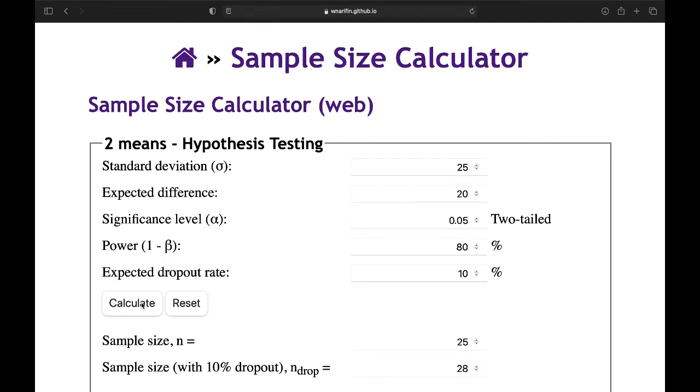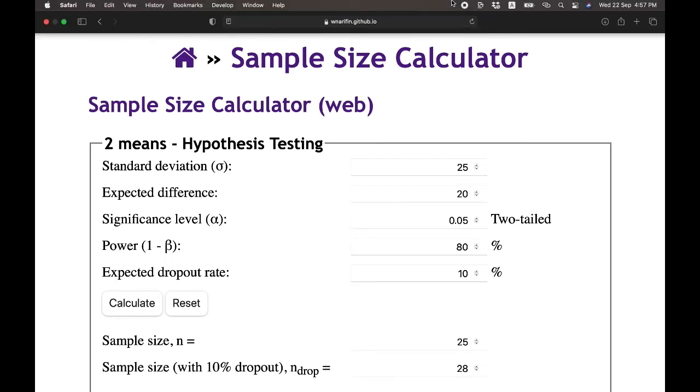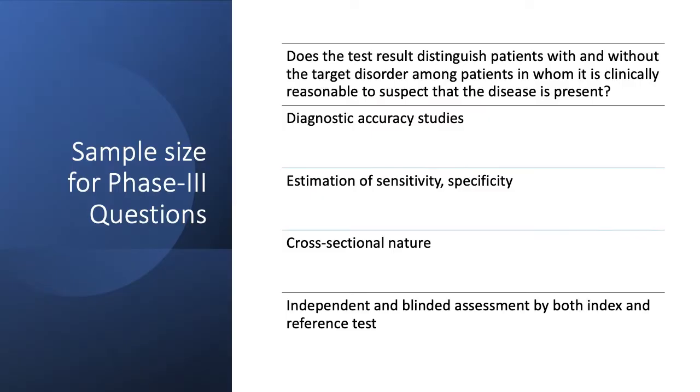Now you have calculators in your hand, and with prior requirements or prerequisites at hand and proper assumptions, you can now calculate sample size for a phase 1 research question. Now we take our diagnostic research question out of the laboratory. Up till now, we were dealing with two extreme groups, those with disease and those without disease, and we knew beforehand that this group is diseased and this group is not diseased.